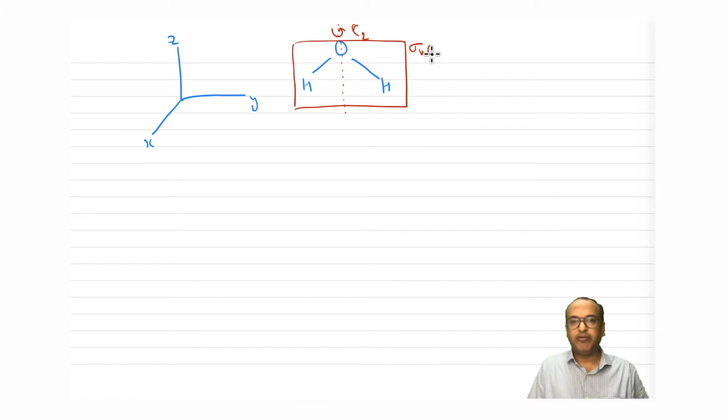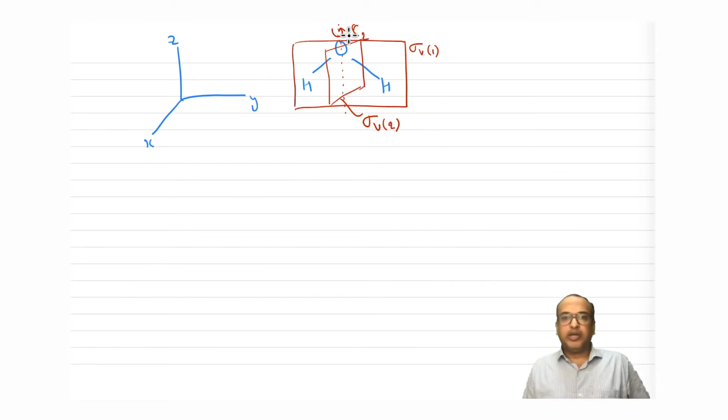This is sigma v1, and another plane is the one which bisects the HOH angle, and both of them contain C2. This one is called sigma v2. Now first of all, for the center of the molecule, we really don't have any center, so we'll just use the central atom, which is oxygen in this case, as the origin.